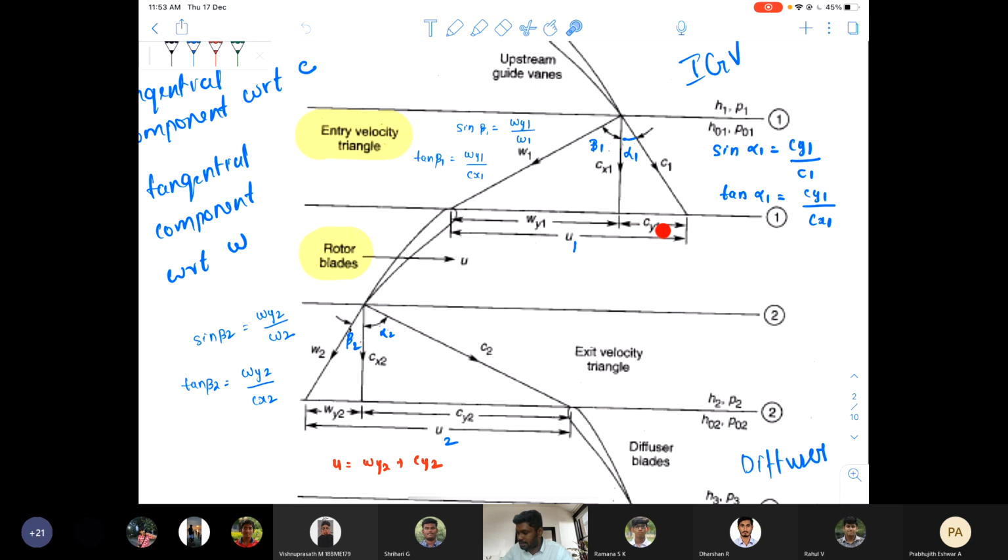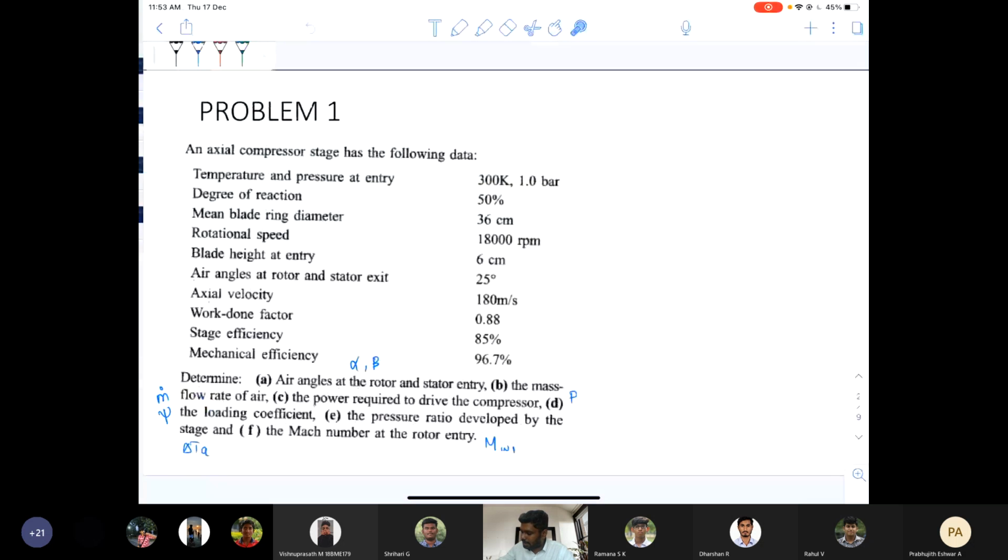Here the opposite side is CY1 and the adjacent side is CX1. Therefore, tan alpha 1 will be equal to CY1 divided by CX1, and we can write that equation.